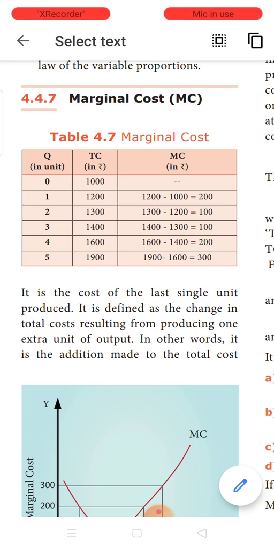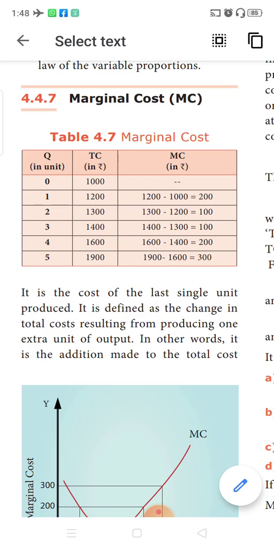Next, as output increases, you could see the total cost keeps on increasing. The marginal cost is the difference between the subsequent total costs. Look at the marginal cost here: 200, 100, 100, 200, 300. When you observe this table, initially the marginal cost is falling down. Beyond a certain level, the marginal cost will start to increase.